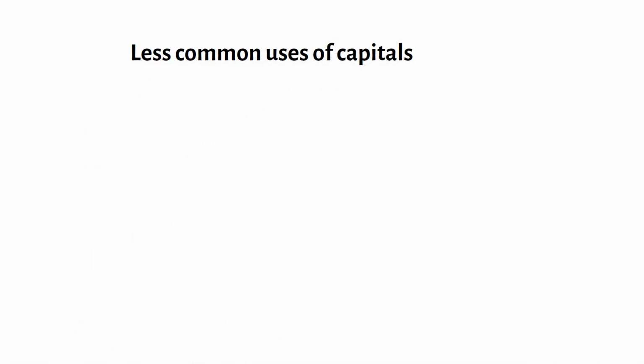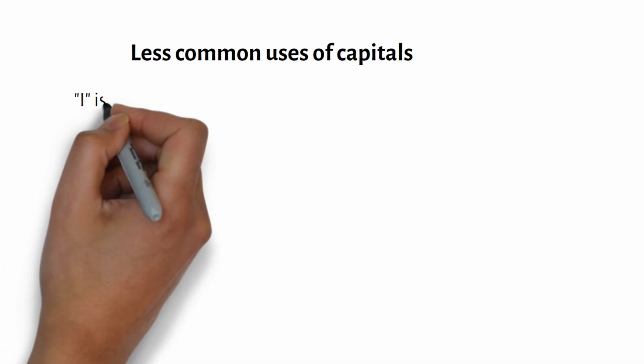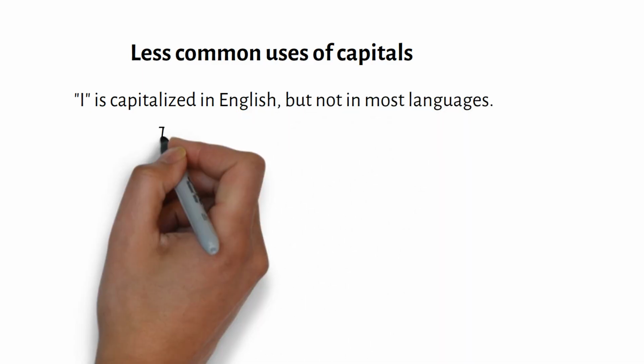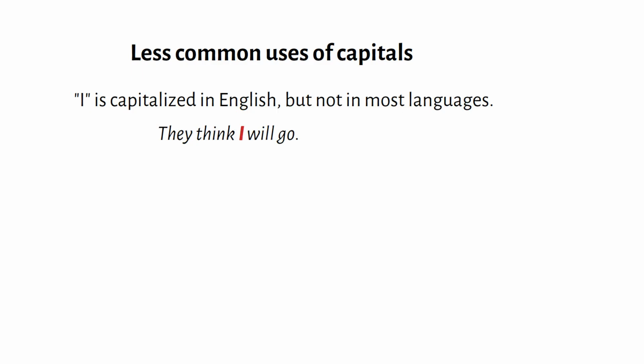Do languages sometimes use capitals for other things? Yes, these are less common. You see that I is capitalized in English even in the middle of a sentence, but not in most languages. Sometimes a language will use capitals to show some part of the grammar.